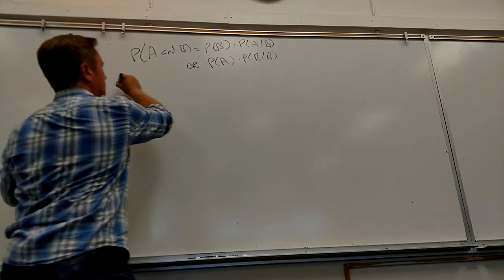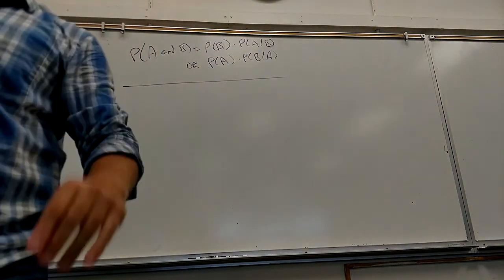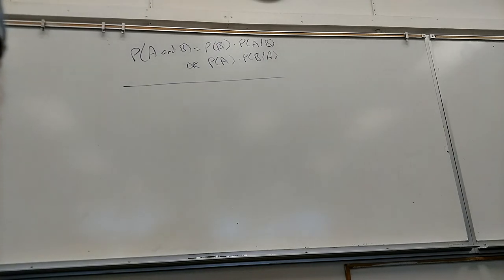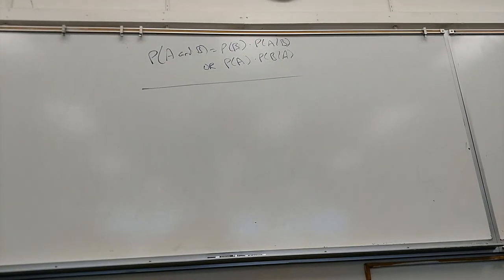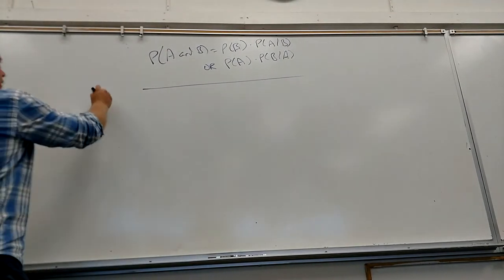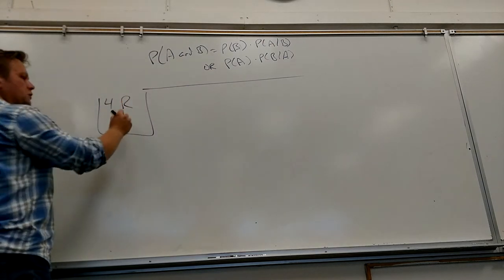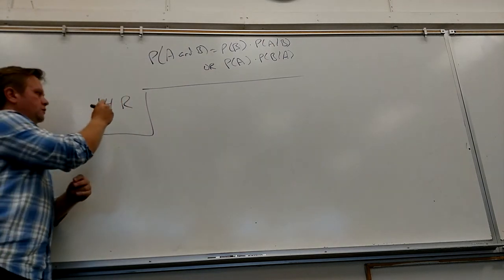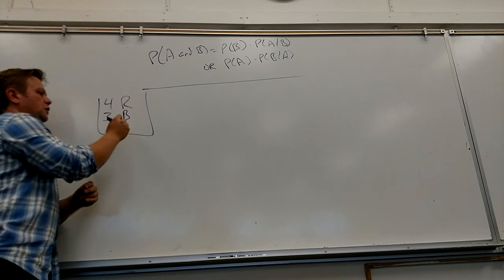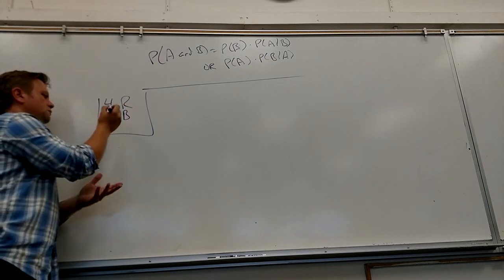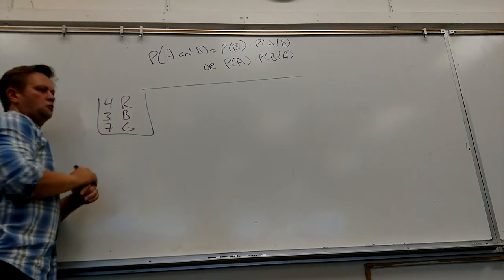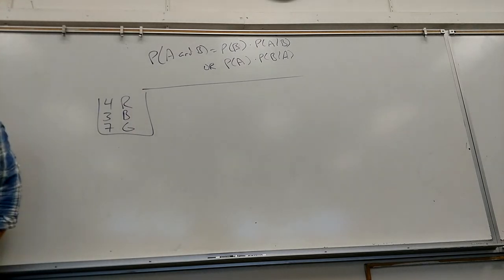Let's do this. Let's go to your classic probability problem that I haven't done yet. I've been staying away from it sort of on purpose. Let's say we put 4 red poker chips and 3 blue poker chips and 7 green poker chips in a bag. Then you reach in.